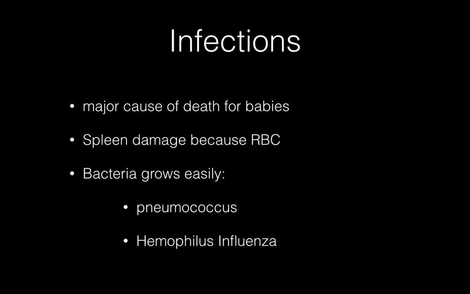Streptococcus pneumoniae, also called the pneumococcus, and Haemophilus influenzae are the two bacteria most likely to cause septicemia in the child with sickle cell anemia. 90% of the infections occur before the age of 3 years. 35% of children with sickle cell anemia who get pneumococcal sepsis die from the infection.